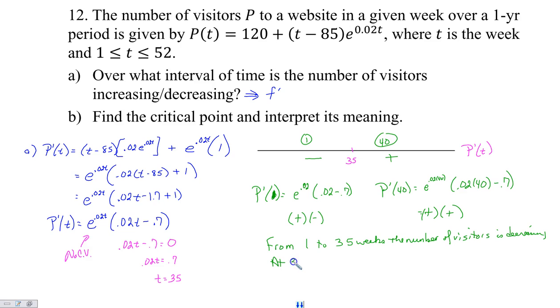So at 35 weeks, we realize the minimum number of visitors.